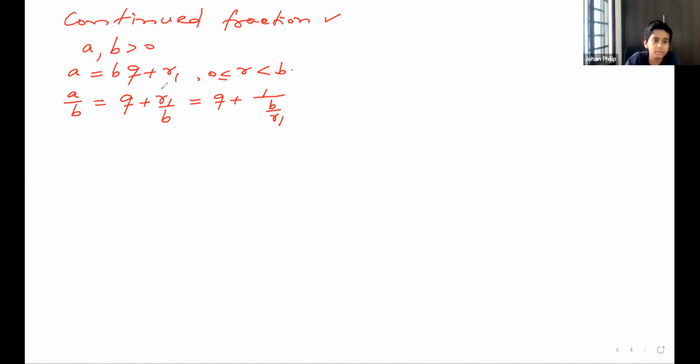If you take A equals BQ plus R1 and divide by B, you are dividing both sides by B. We get A over B equals Q plus R1 over B. We are dividing everything by B, each one of these by B. Okay? Now, is this correct? Yes, sir.